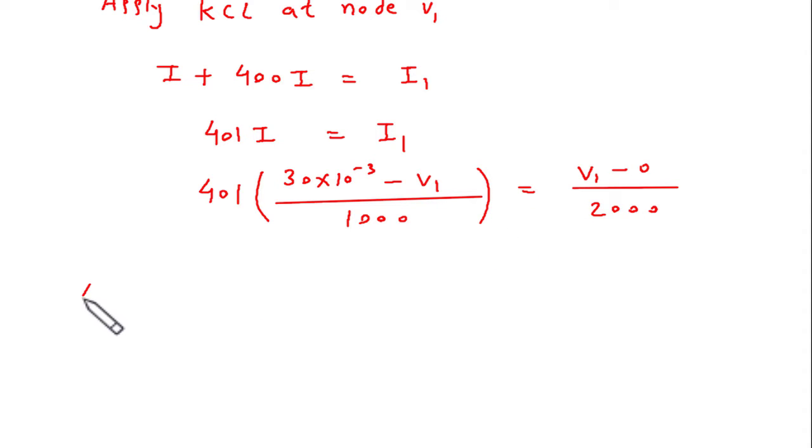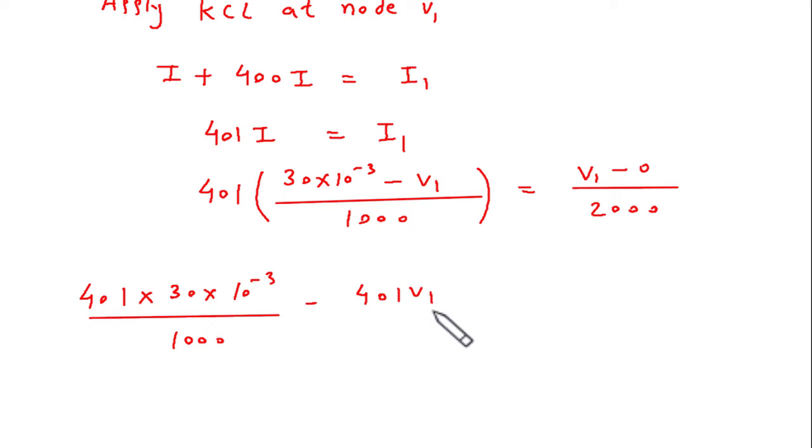So this will be 401 into 30 into 10 raised to minus 3 by 1000 minus 401 V1 by 1000 minus V1 by 2000 is equal to 0.